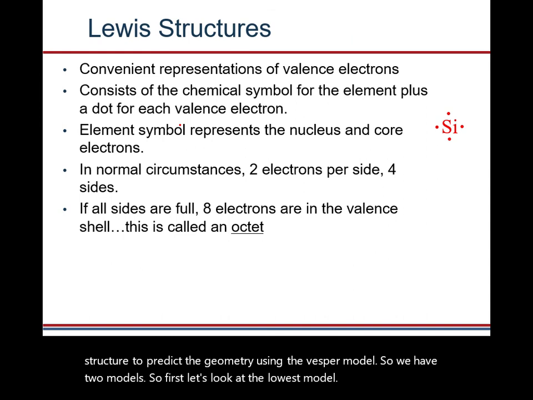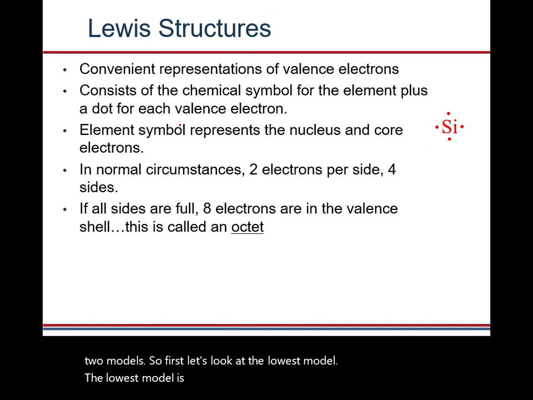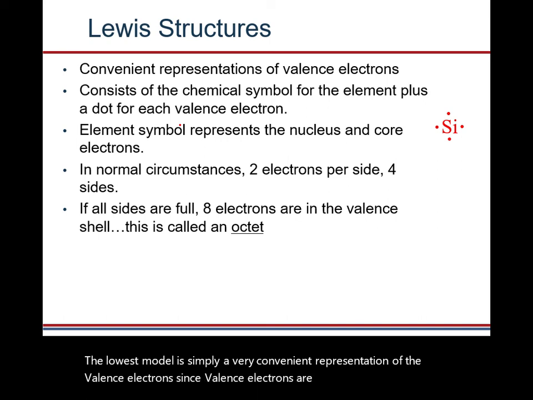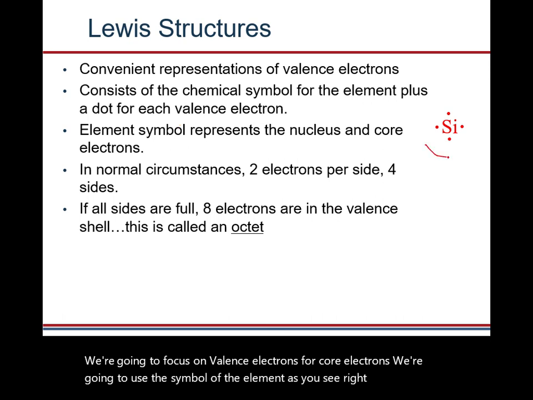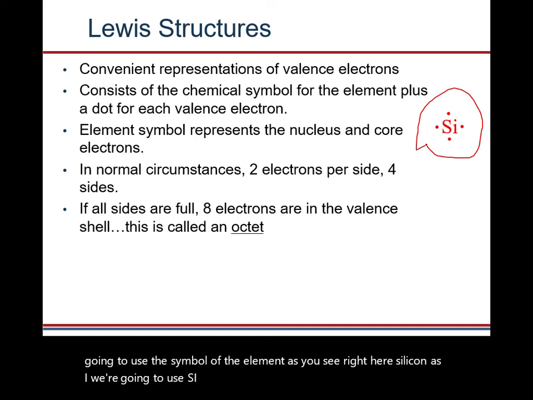The Lewis model is simply a very convenient representation of the valence electrons. Since valence electrons are the only ones that participate in bonding, we're not going to worry about core electrons. We're going to focus on valence electrons. For core electrons, we're going to use the symbol of the element. As you see right here, silicon, Si. We're going to use Si to represent the core electrons.